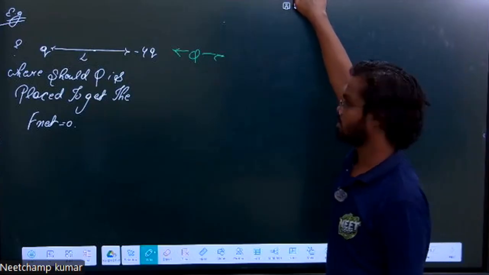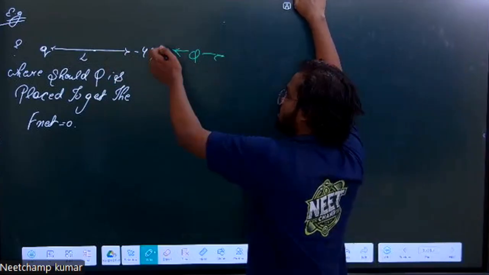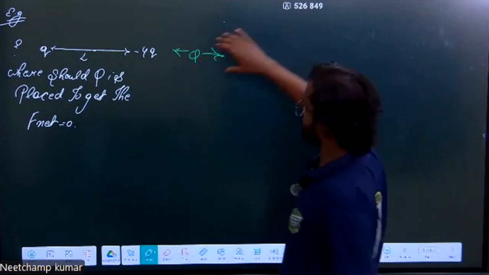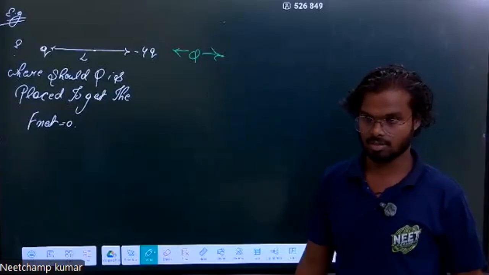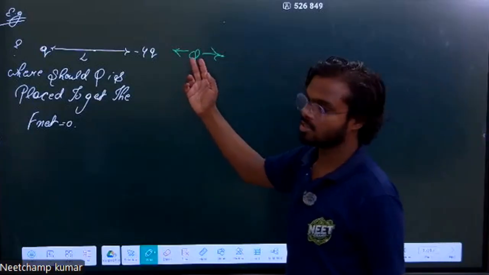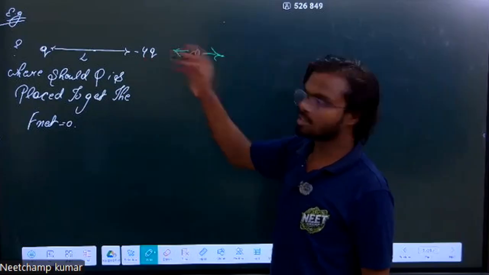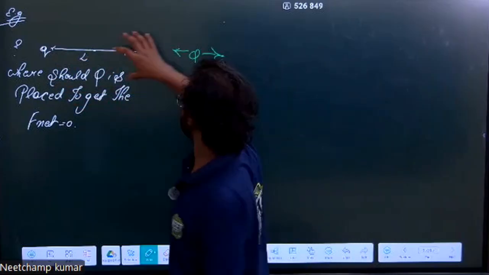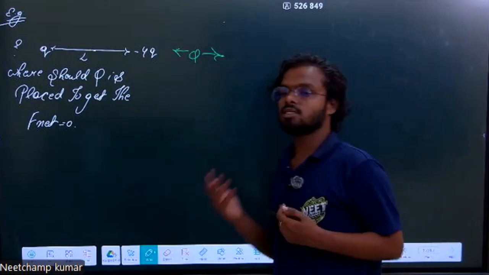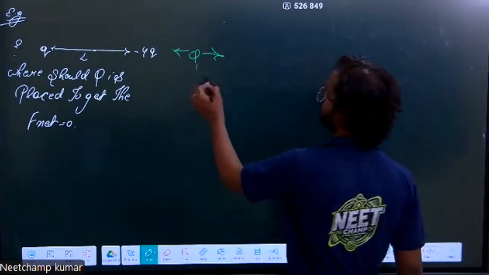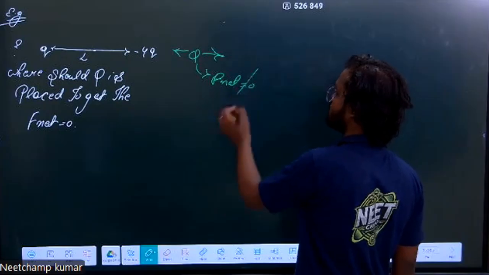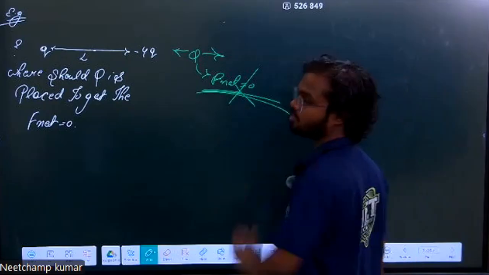There can be a possibility that this force will become zero. You may think, okay sir, I am placing the charge here, this charge is attracting in this direction and this charge is repelling in this direction, so the net force at this point will become zero. You may think that, but it is wrong. Here the force can never become zero.